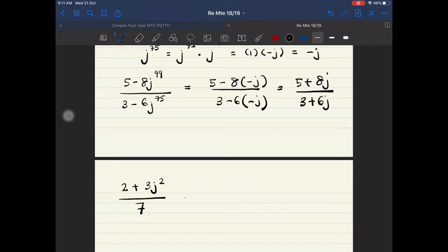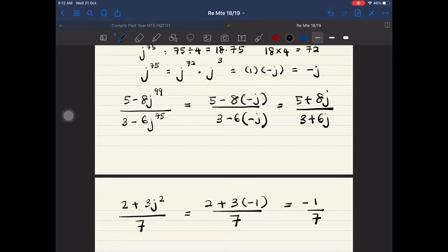So you will have 2 plus 3 times negative 1 over 7, which is equals to, so 2 minus 3 will be negative 1 over 7. Okay, so now we already simplify the function, so we can perform the operation for this one.